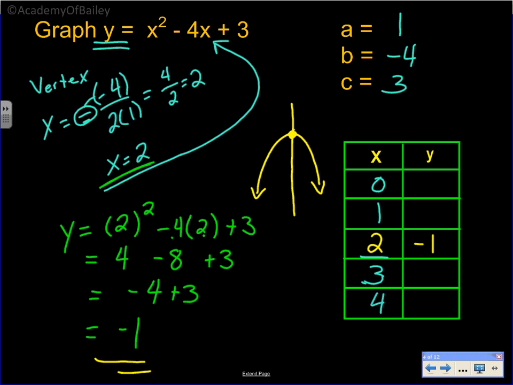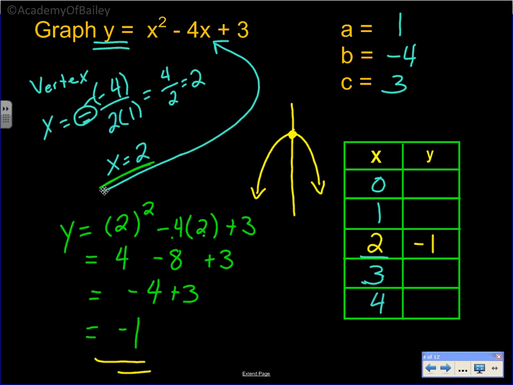And if you notice, 4 is a distance of 2 away from 2, and 0 is a distance of 2 away from 2. So we're trying to get an equal distance there from the vertex.